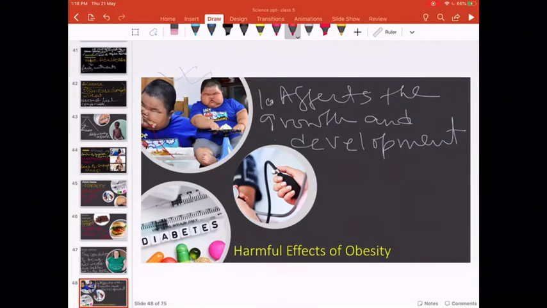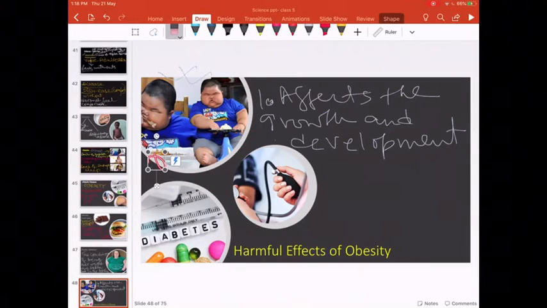See, this boy is so fat, he is obese. We can call him an obese child.